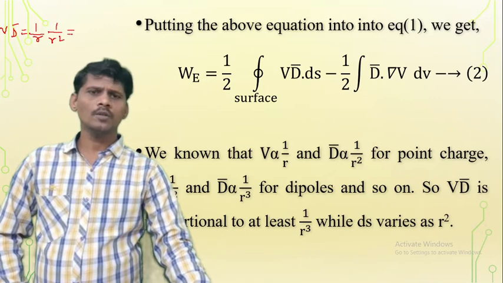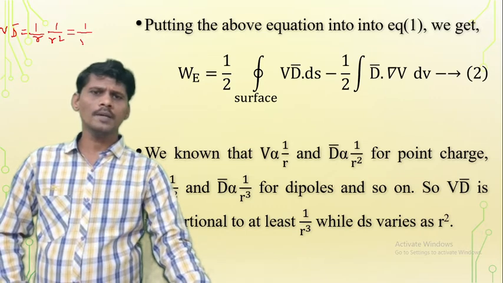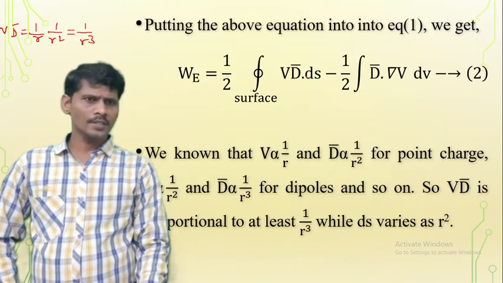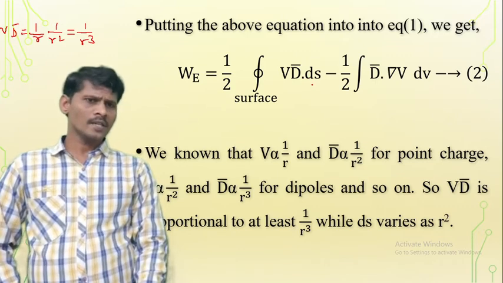So V into D bar varies as 1 by R into 1 by R square, that is 1 by R cube. Now we have the surface integral dS, which varies as R square.